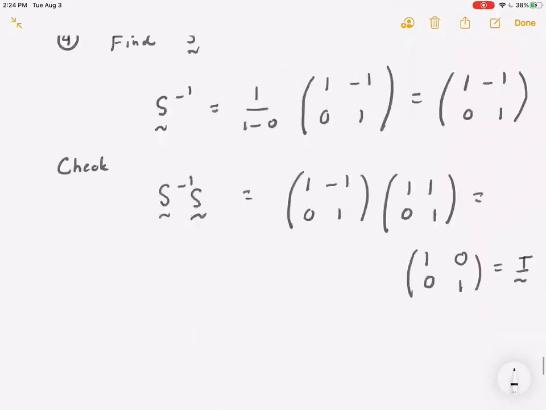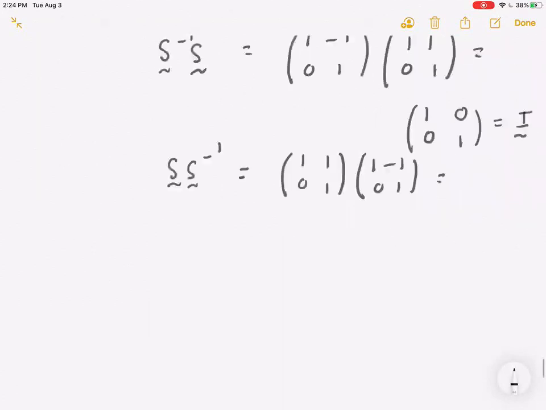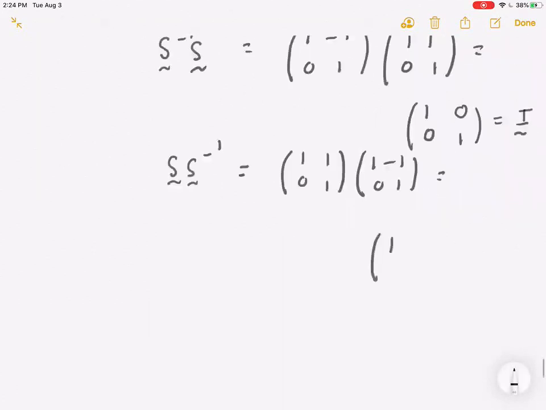Now, that's not all of it. You still have to prove that this is true, that S times its inverse equals the identity matrix. And so you just swap these matrices. And again, it's easy to show that in fact, that also gives you the identity matrix.